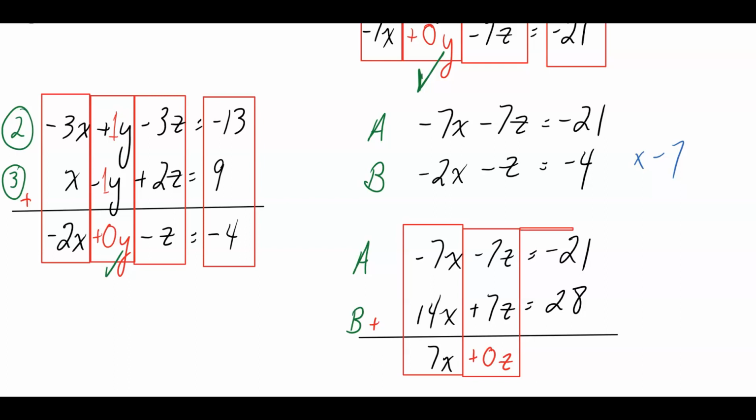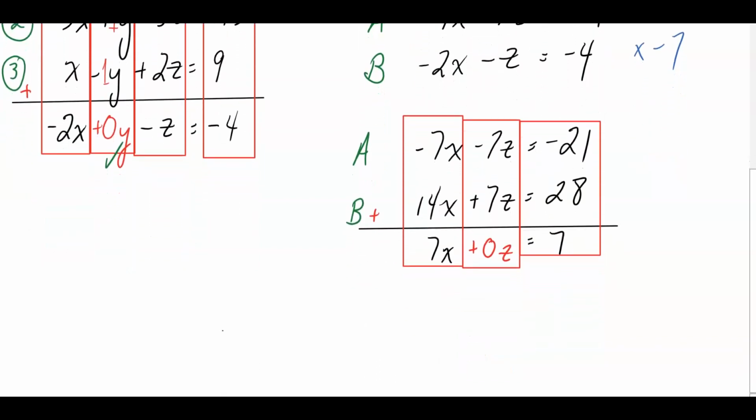And negative 21 plus 28 equals 7. So we have the equation 7x equals 7, or x equals 7 over 7, x equals 1. Aha! We have part of our answer, x equals 1.